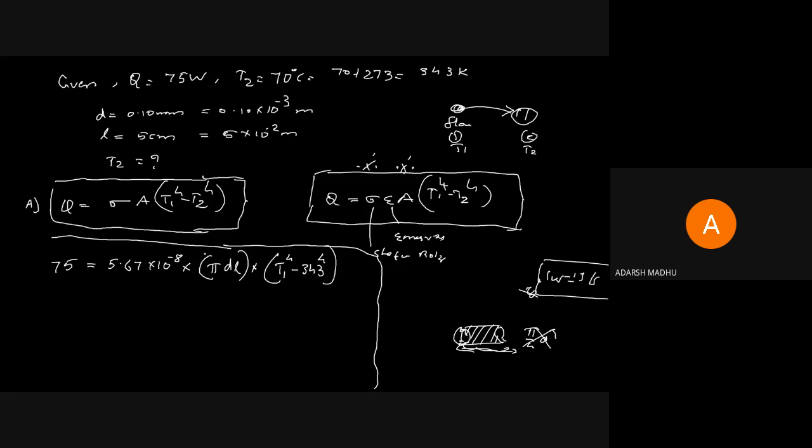That is, 75 equals 5.67 into 10 raised to minus 8 into pi d l, that is pi into diameter 0.1 into 10 power minus 3 into length 5 into 10 power minus 2, into T1 unknown raised to 4 minus 343 raised to 4. So please calculate the particular value.